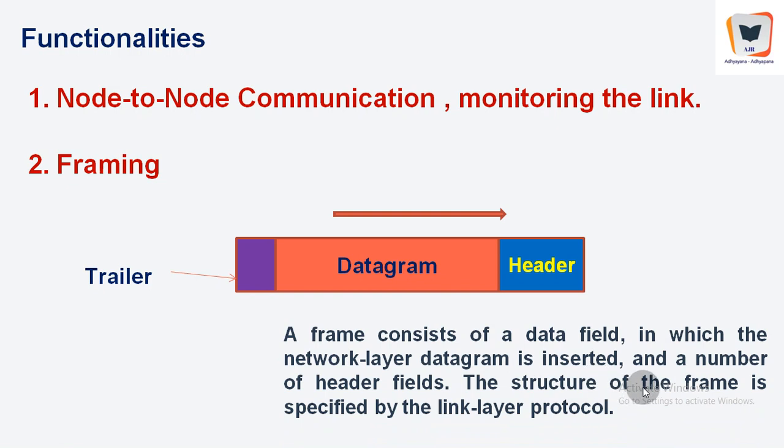A frame consists of a data field in which the network layer datagram is inserted. Of course, the data content of a data link layer frame happens to be the network layer datagram, as we can see in this particular figure very clearly.